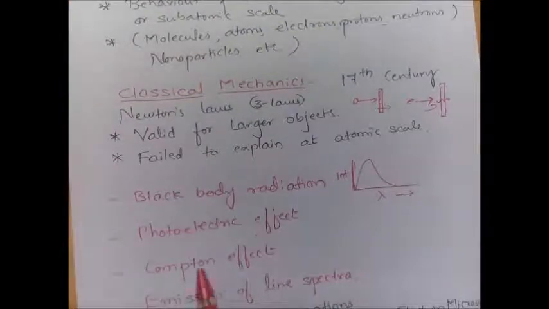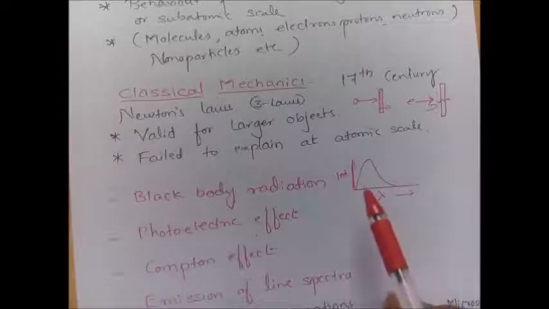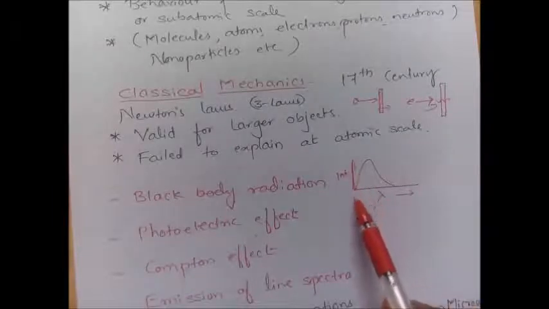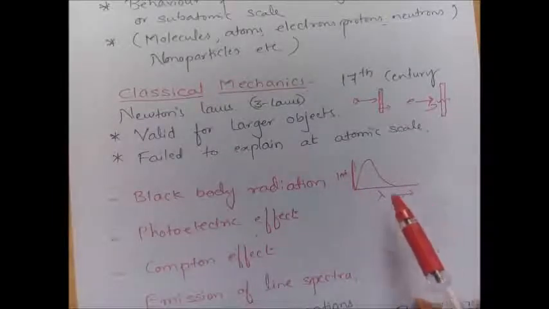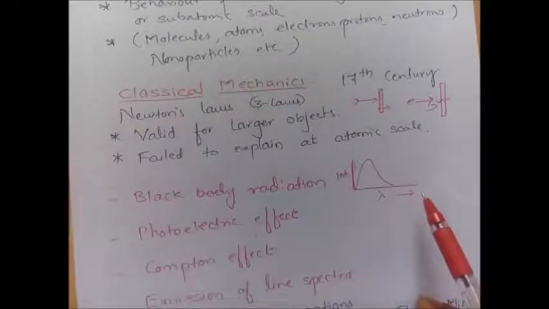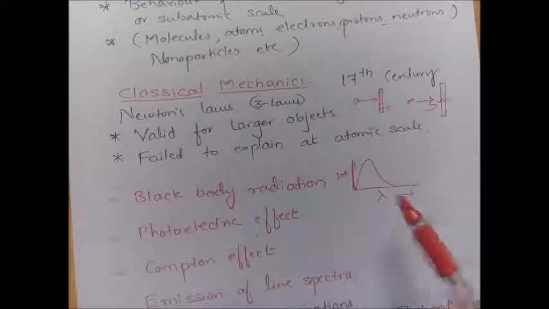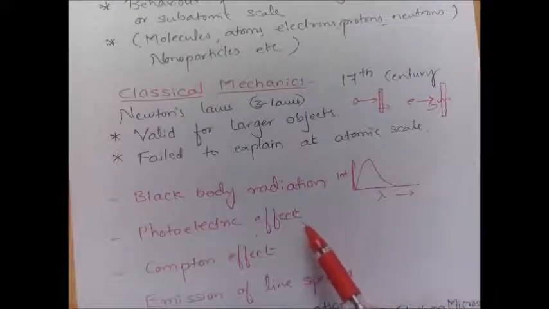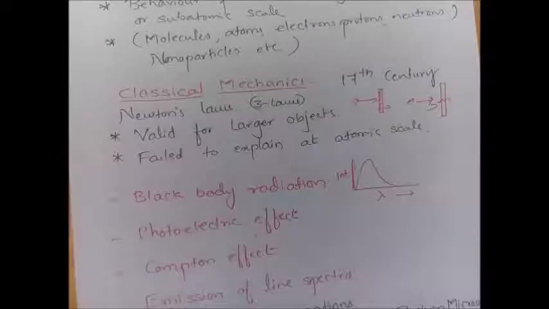It also did not explain black body radiation, or why black body radiation happens. For the black body we have such a graph. Why is the nature like this? Is there any theory which fits the curve exactly? No, it did not explain that. Nor the photoelectric effect, where we have the particle and wave nature of light.